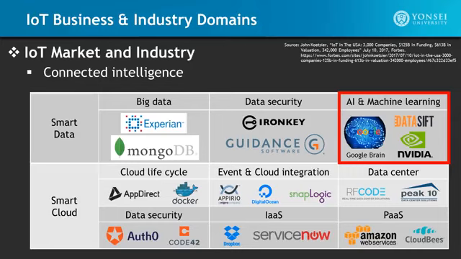AI and machine learning is the source of what we have as the word smart. Even on this page, you see smart data and smart cloud on the left side. What is making it smart? It is big data technology, artificial intelligence, and machine learning. So this AI and machine learning applies to everything, and everywhere, and especially to Internet of Things technology.